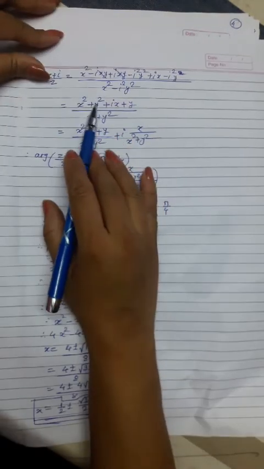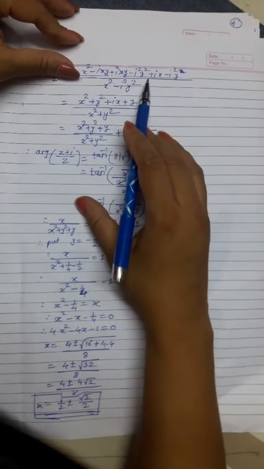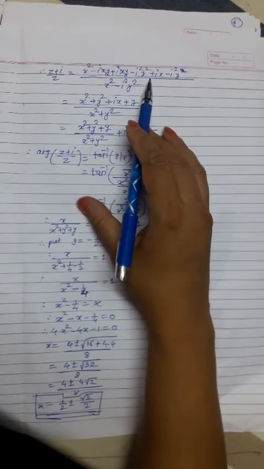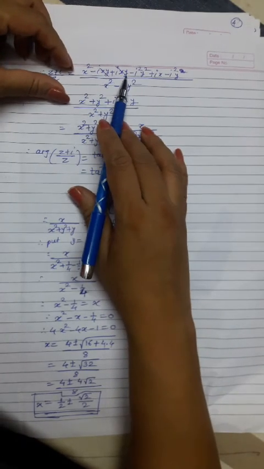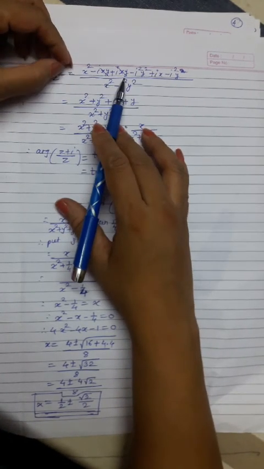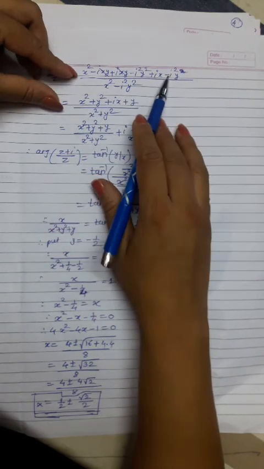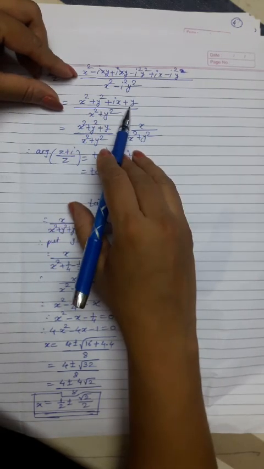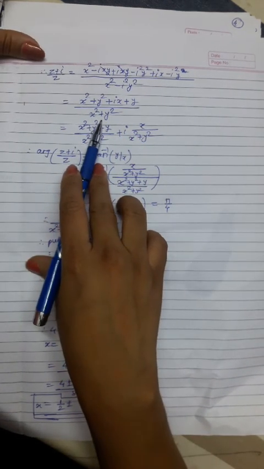Now whenever i square is there, we put the value of i square as minus 1 wherever it is there. Therefore x square, these two terms are the same with opposite sign, that's why they get cancelled. Here i square value is minus 1, it becomes plus. Here i square is minus 1, that's why it becomes plus, this as it is. Divided by, again i square value minus 1, it becomes plus y square.